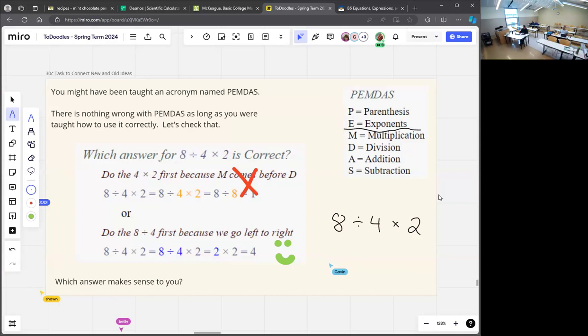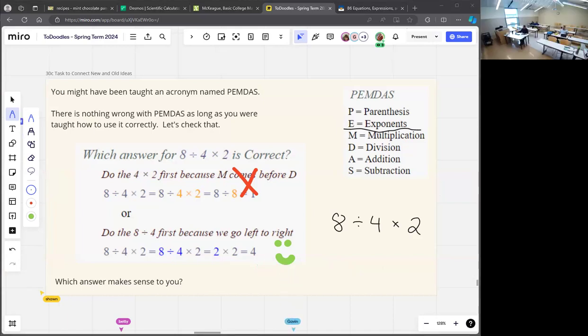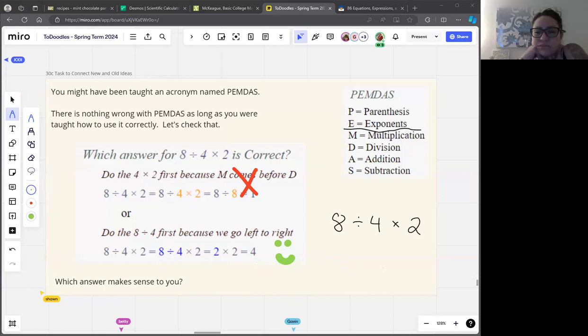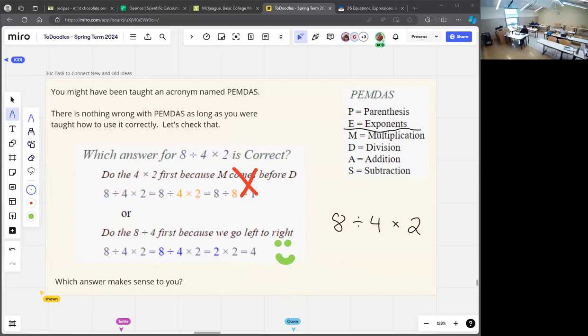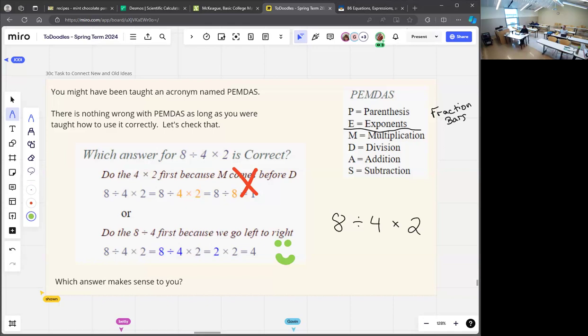And we've also seen that fraction bars are part of this first area. Parentheses, exponents, fraction bars, all of those groupings, that's the first thing we do.